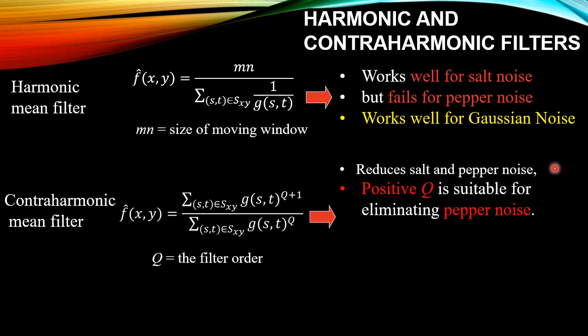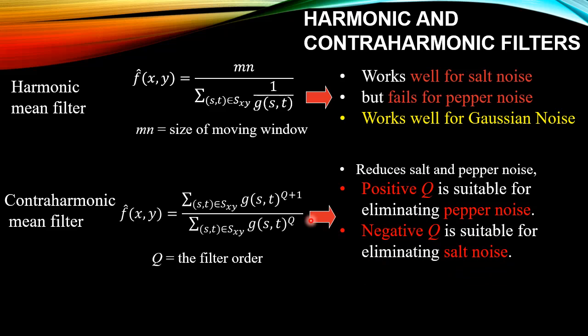But there's a catch here. A positive Q is suitable for eliminating pepper noise, and a negative Q value is suitable for eliminating salt noise. It cannot do both simultaneously. You cannot use the contra harmonic mean filter to remove salt and pepper noise together.